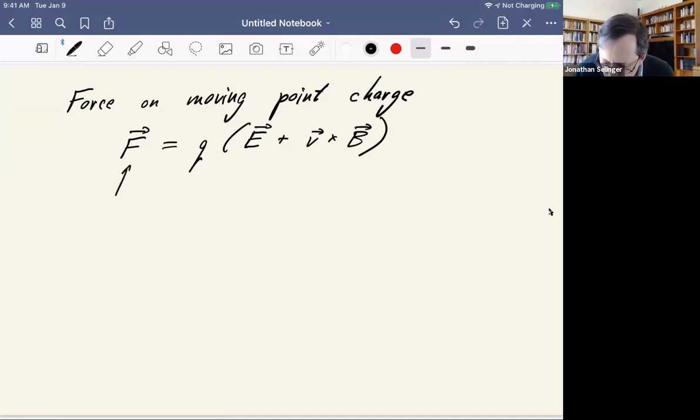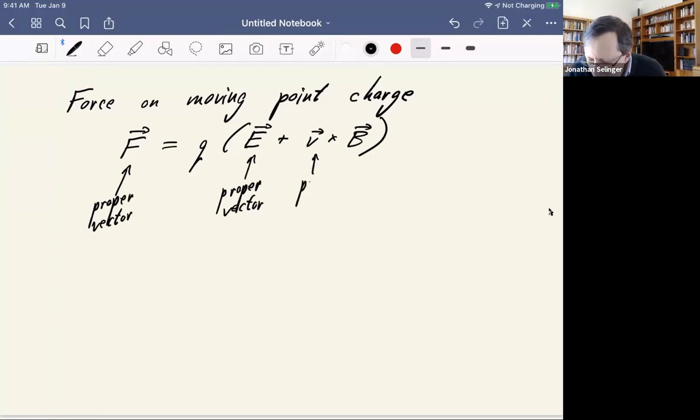The force is a proper vector. The electric field is a proper vector. v is a proper vector. The magnetic field is a pseudo vector.